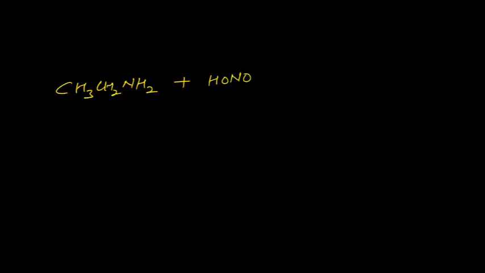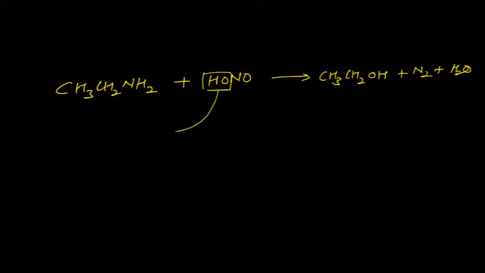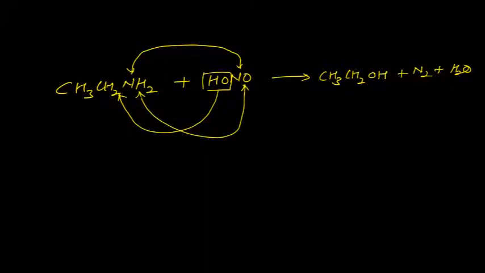So instead of writing HNO2, I am writing HONO because in that case, if you remember, alcohol was produced. So this OH actually replaced this NH2. This N and N combined to form N2, H2 and O combined to form H2O.